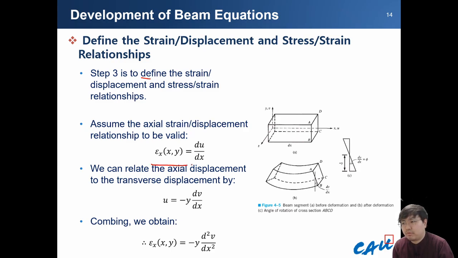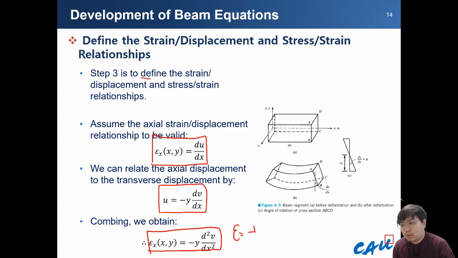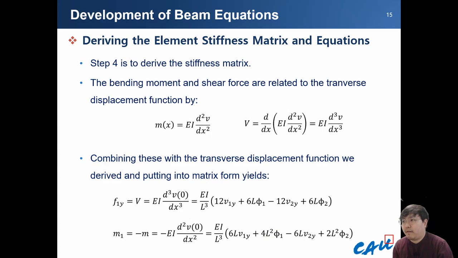Strain follows those relationships, and displacement in the x direction looks like this. Please remember the stress relationship, minus curvature, where k is curvature. We already derived the details. So finally, next: how can you derive the simple matrix equation?